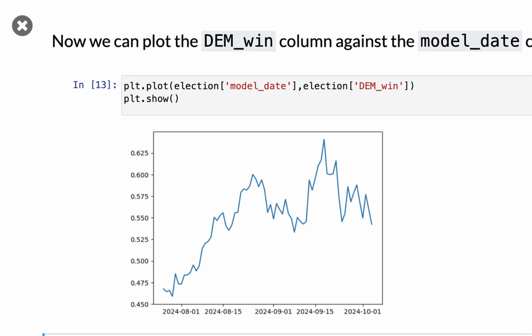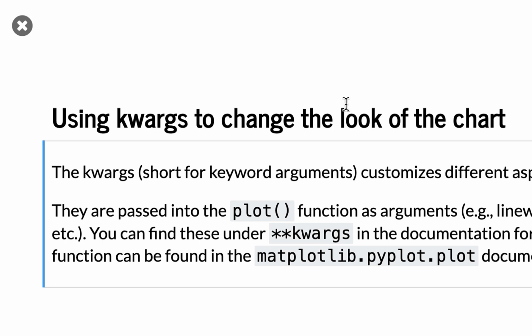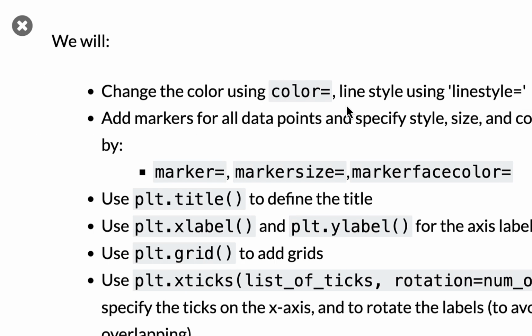And then we can, as before, as what we have done for the histogram, use keyword arguments to do some customization, to include some detailed information in the chart to make it more readable. So here are some of the things we want to do. One thing is that we want to specify the color of the line, and the other is that I want to display some markers.